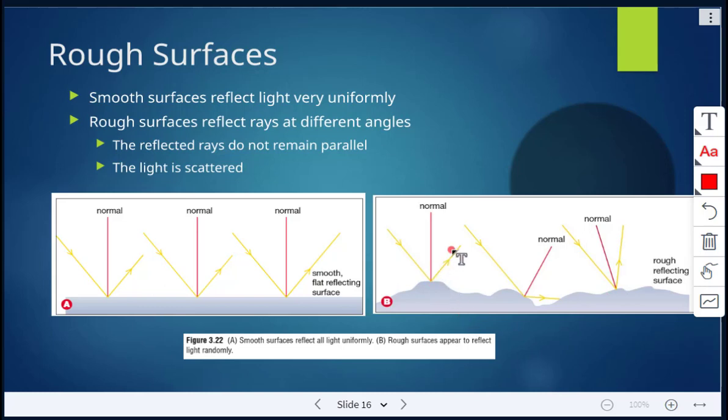They're going to bounce off differently, so the light becomes scattered. But keep in mind that there is still the normal, and the angle of incidence will still equal the angle of reflection.